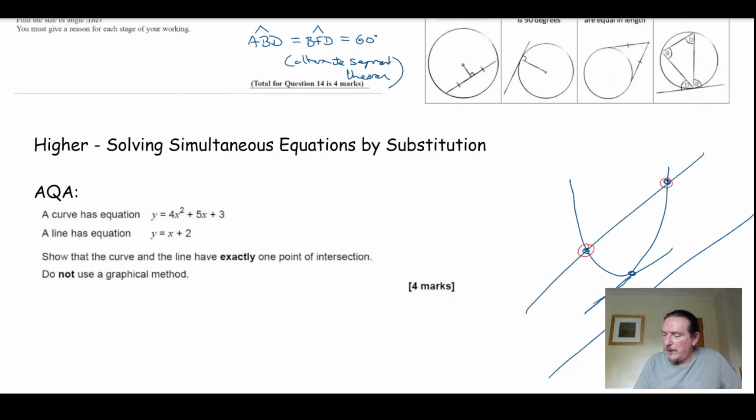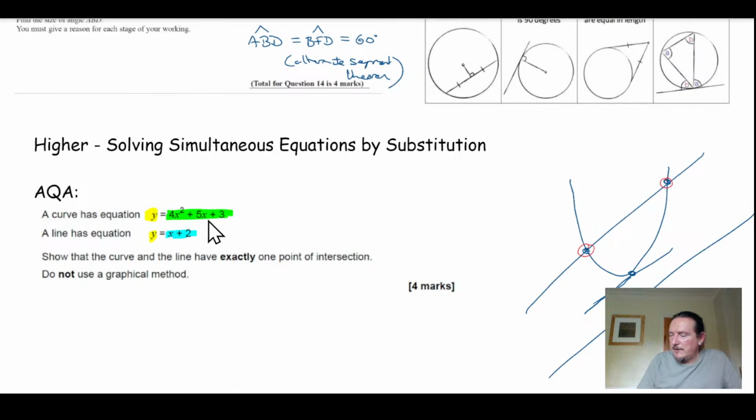If you have a look at our equation, I've got a curve which has equation y equals 4x squared plus 5x plus 3. So my y part is equal to all of this, okay? And then I've got a second equation which says y is equal to x plus 2. So again, my y part is equal to x plus 2.